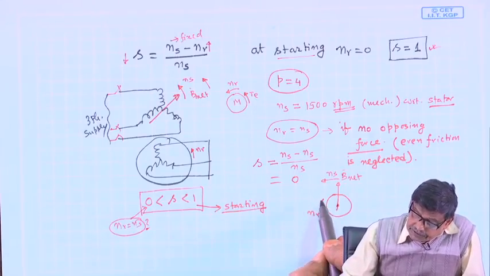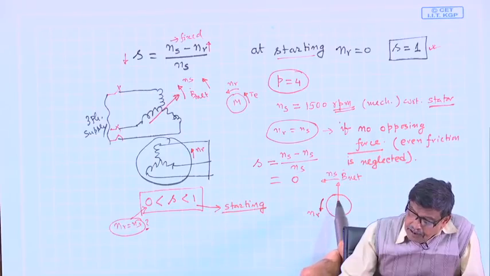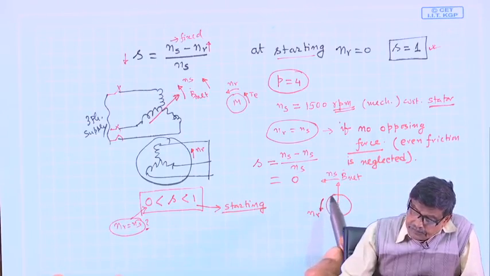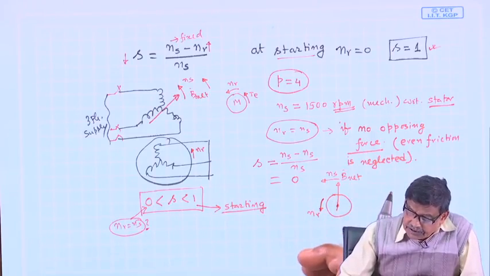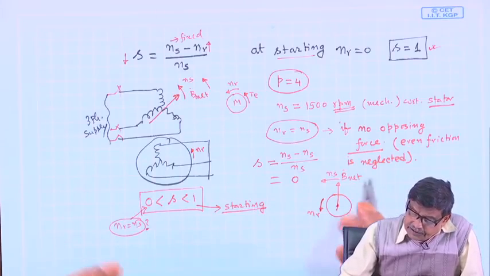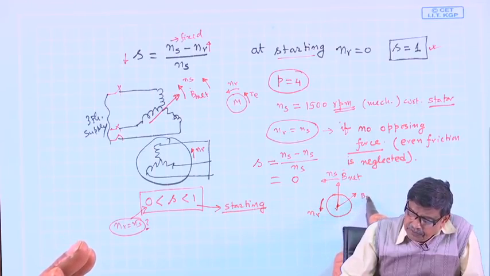The slip value is decreasing, induced voltage decreases, current decreases, but so long as current is there, there will be BR and there will be a definite delta.